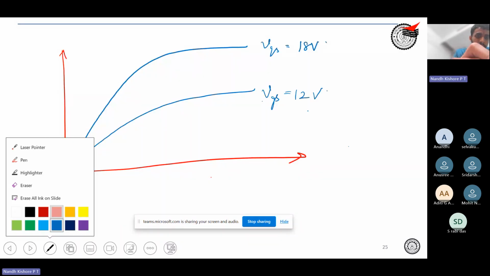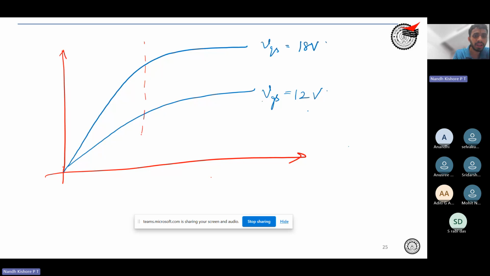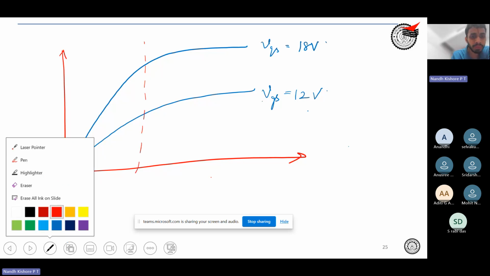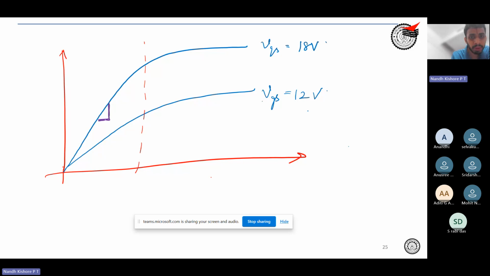You focus on the ohmic part, that is the linear part, right? And you see the slope. So this is the slope of the curve at 18 volts, and this is the slope of the curve at 12 volts, right? And what is the slope? So this is ID in amperes, and this is VDS in volts, right?